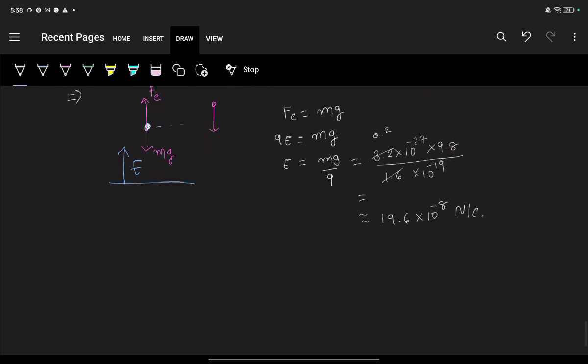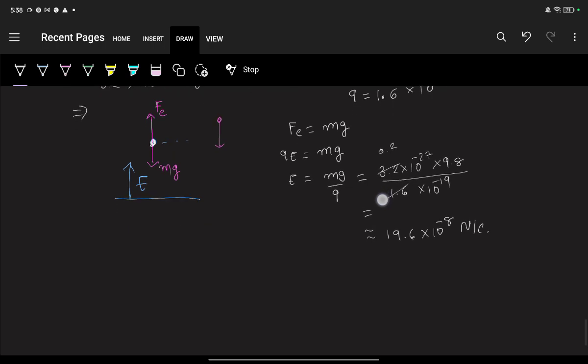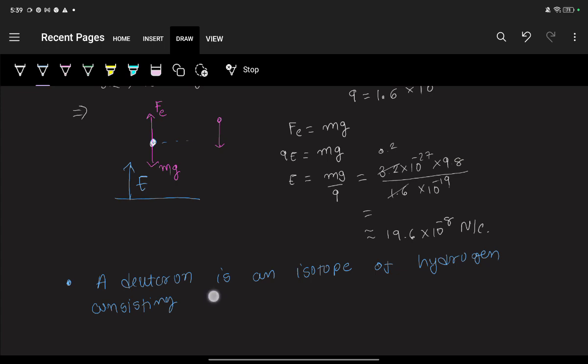For your knowledge, a deuteron is an isotope of hydrogen consisting basically of one proton and one neutron. That's it. There is no electron.